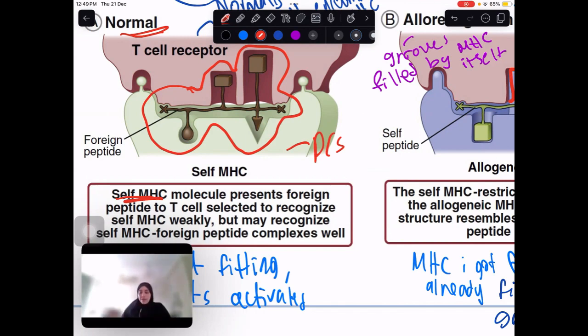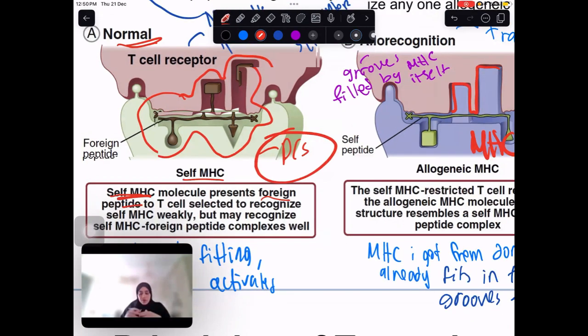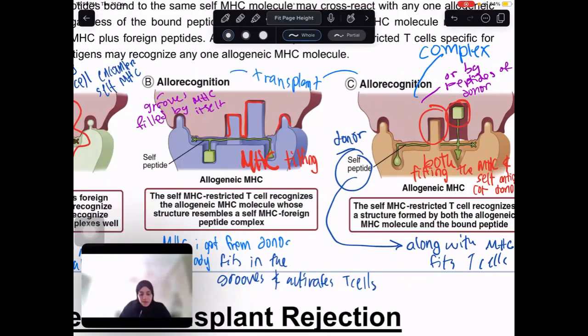My dendritic cells, as antigen-presenting cells, will be collecting any antigen they see. They got this foreign antigen, and they have my own MHC, that's why we say self-MHC. They're going to show the peptide, this foreign peptide. The T cell will say, okay, this is not me, and then it gets activated.